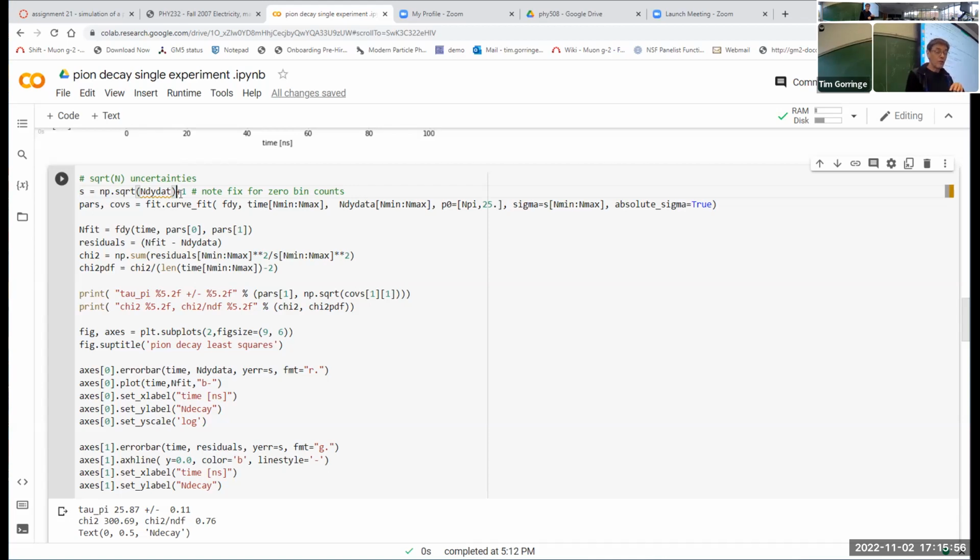You'd say there's no uncertainty on that data point, and that can wreck the fit. It can also wreck calculations of things like residuals, because you want to divide by the uncertainty to calculate residuals. And so by adding 1, I'm just trying to, in some really coarse way, fix up a divide by 0 problem or a fitting problem of having uncertainties on data points that are 0. So I'm just making every uncertainty bigger by 1.